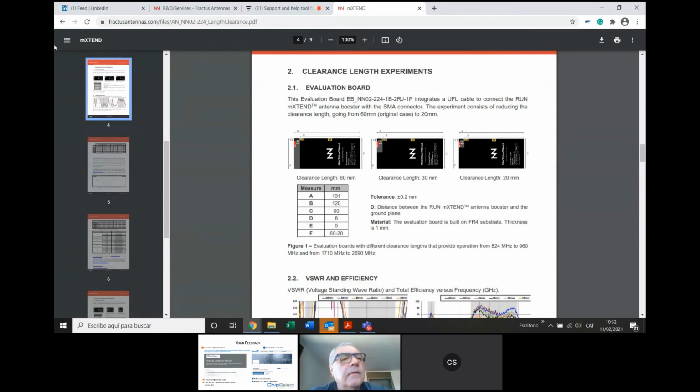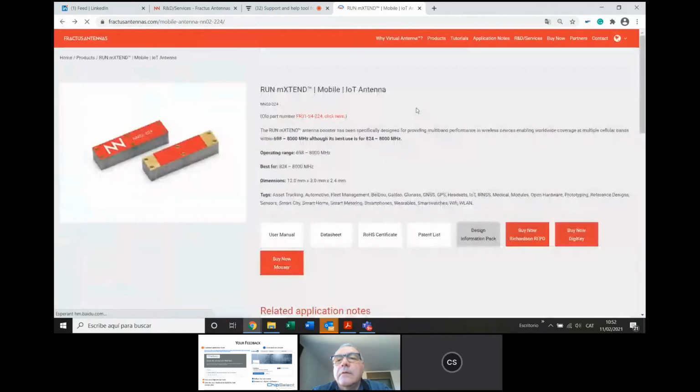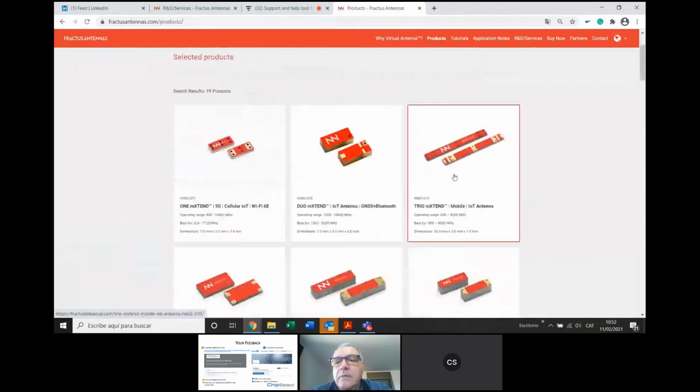But when you have a multi-frequency application, which is a good case for this type of booster, can you have multi-feeding links to the antenna, assuming that you have several antennas in one, or how do you address a multi-frequency booster?